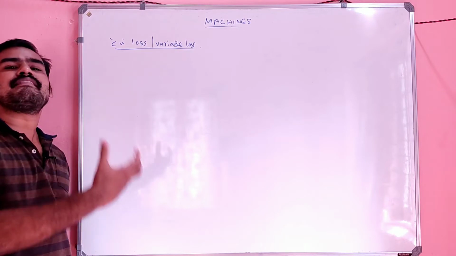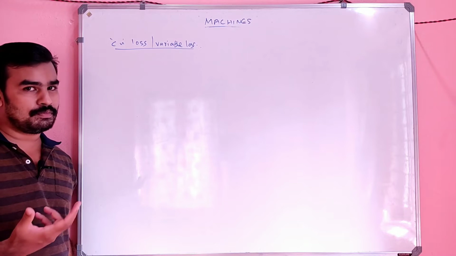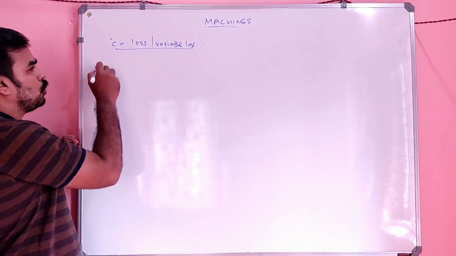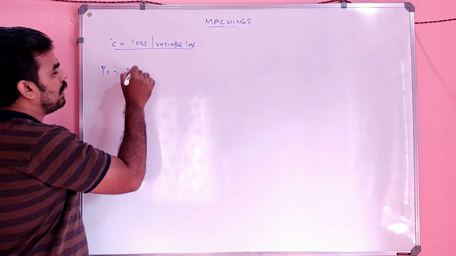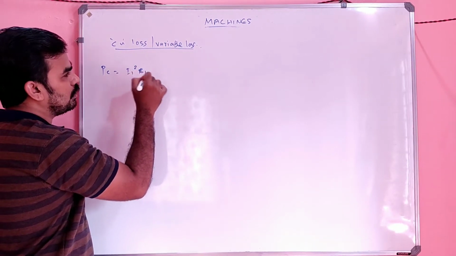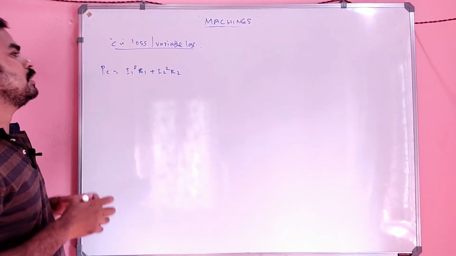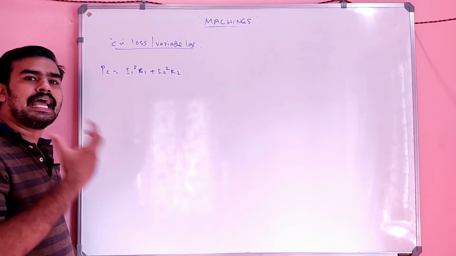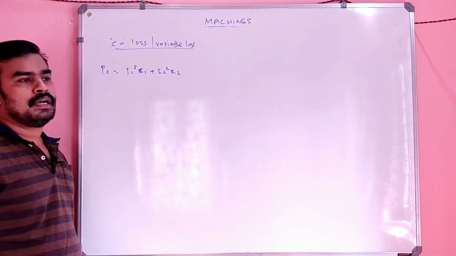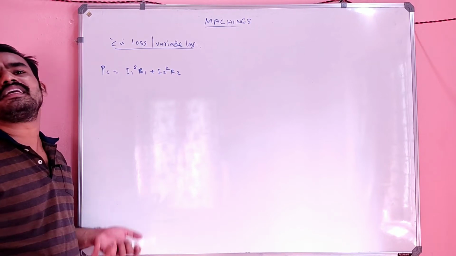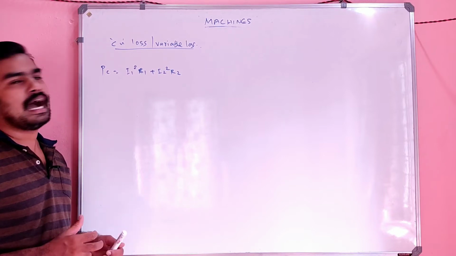Whenever current flows through a resistance, there is a drop. So the total copper loss PC will be I1 square R1 plus I2 square R2, where R1 and R2 are the resistances on the primary side and the secondary side, because copper losses are predominantly due to the loss in the resistors.